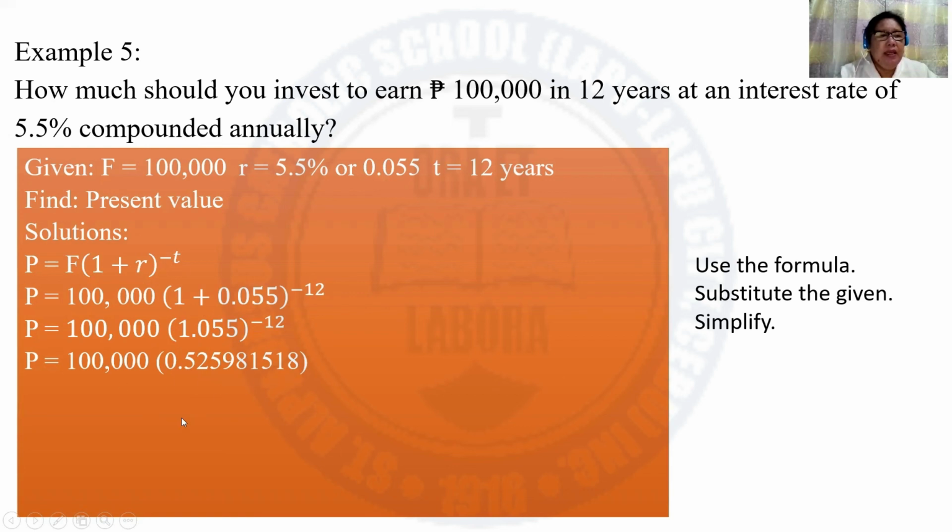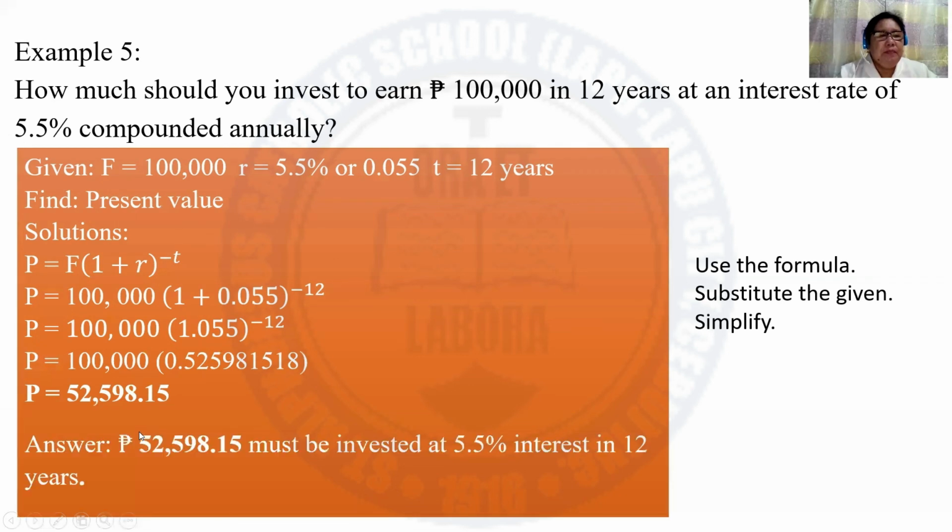Then multiply. The result is 52,598.15. Therefore, 52,598.15 pesos must be invested in order to earn 100,000 pesos.